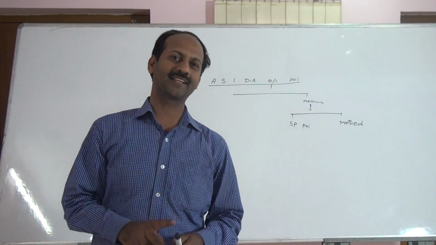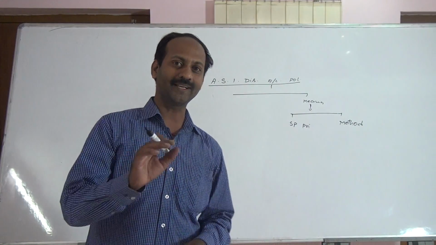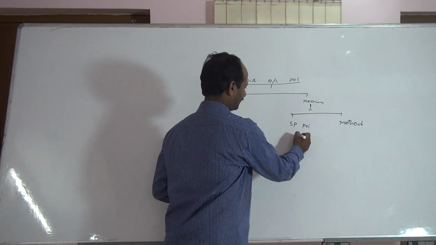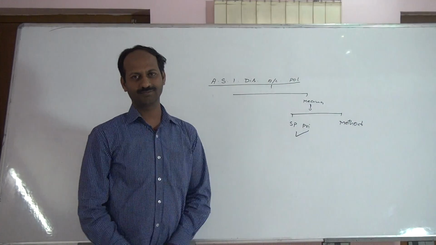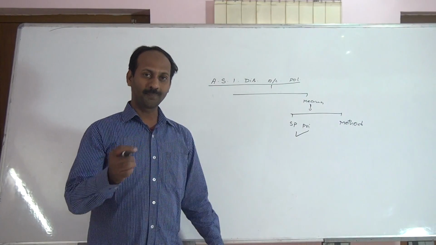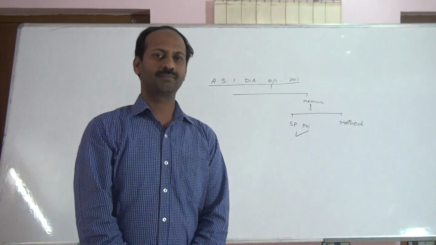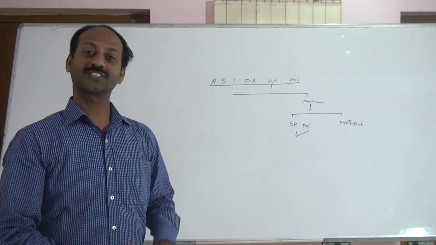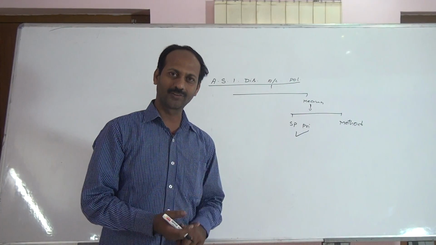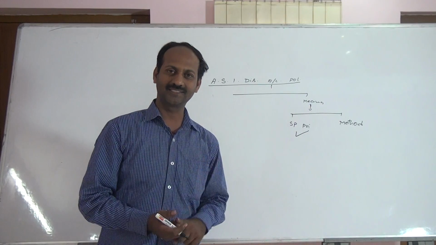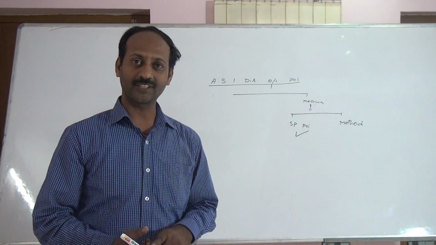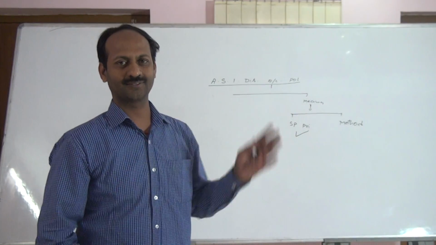Definitely we have to provide the depreciation. Providing of the depreciation is an accounting principle. Then depreciation calculation can be done by different methods: straight line method, written down value method, sum of the digits method, machine hour rate method. So many methods are there.